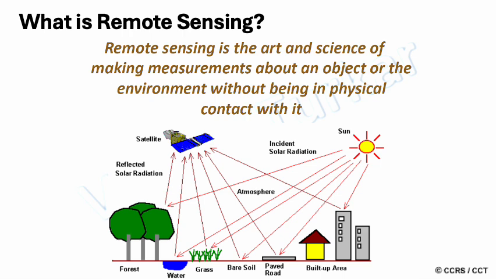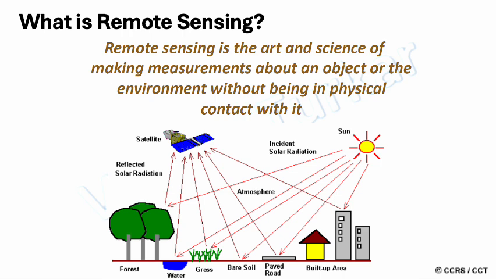Similarly, satellites can extract the information of targets on the Earth's surface without being in physical contact with it. In literature, it is defined as an art and science of making measurements about an object or the environment without being in physical contact with it.